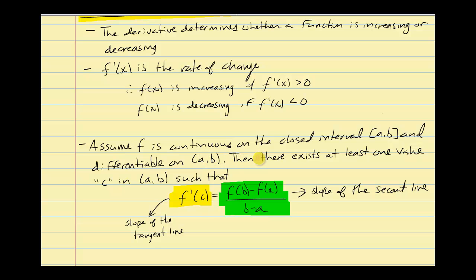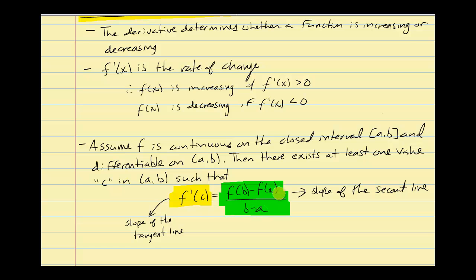Then what the mean value theorem says is that there exists at least one value of C in the interval AB. So there's some value of C between A and B. So in our example, there was some value of C or some value of time between 0 and 80 miles per hour that was my average, such that f prime of C, the rate of change evaluated at some constant C, or the slope of the tangent line, is equal to f of B minus f of A over B minus A. Now this formula, f of B minus f of A over B minus A, should look pretty familiar.